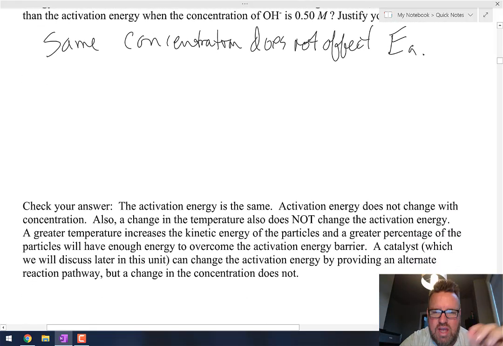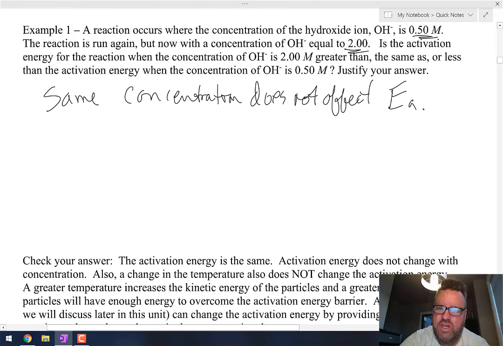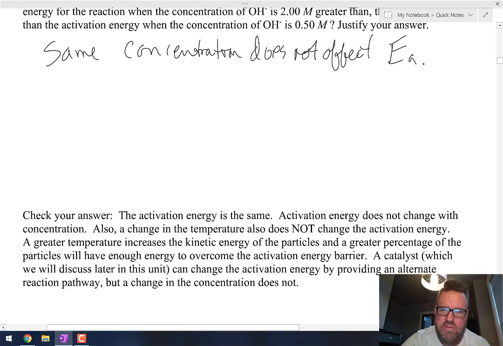A change in the temperature, which they don't mention here, but you really need to be familiar with. Remember that when you change the temperature, that also does not change the activation energy. I bring this up because this was a question on the AP test, and a lot of students talked about how when you raise the temperature, you're lowering or raising the activation energy. That is not true.